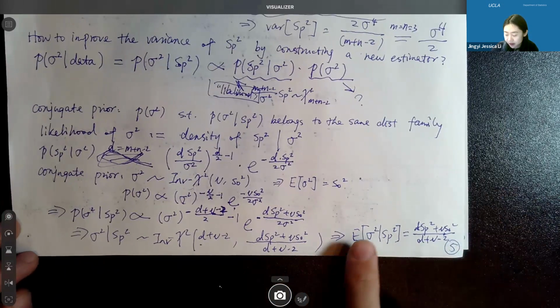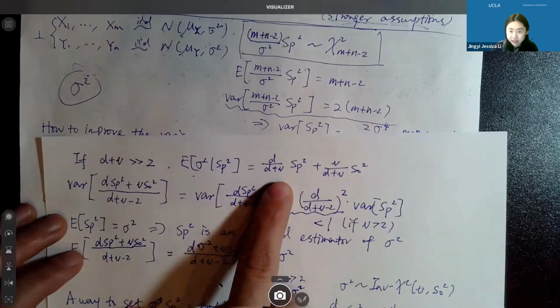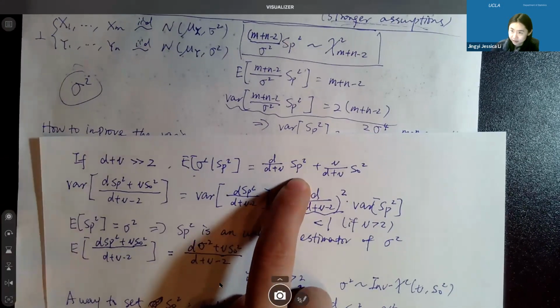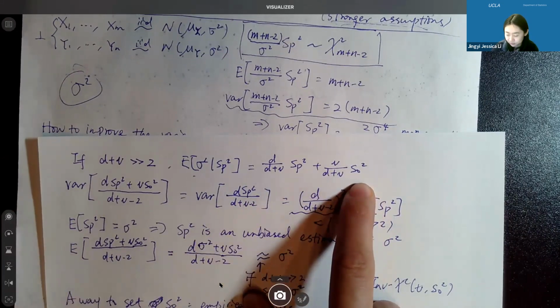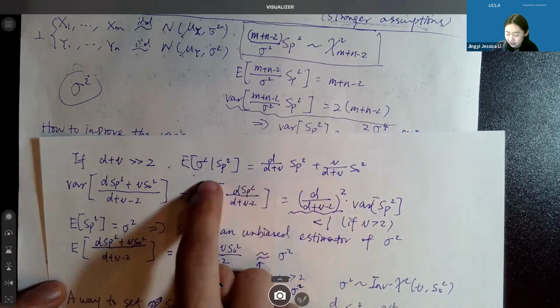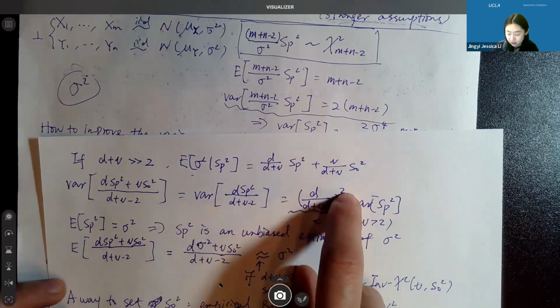And this posterior expectation can be regarded as a weighted sum of the estimator, SP square, and the prior mean, S0 square. So you can see that we are combining information from the data and the prior.